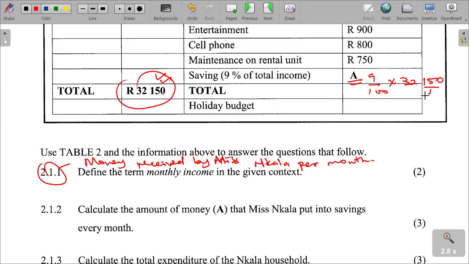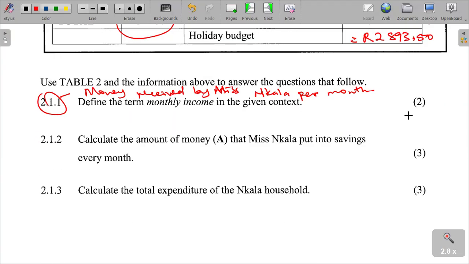If we put it through the calculator, it gives us 2,893.50. That is the amount of A.